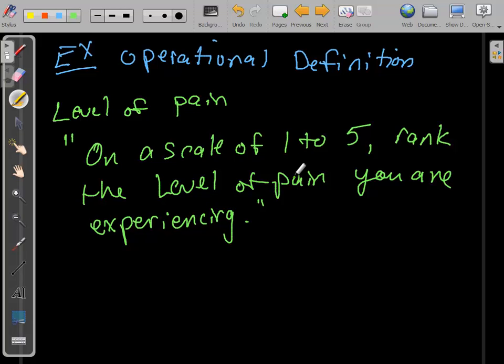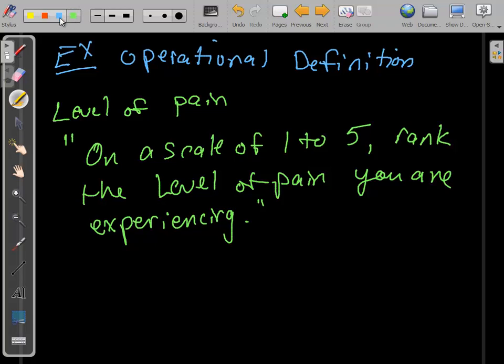So the measurement is a scale of 1 to 5. We'll talk about that measurement scale a little bit later on. But we also have to apply this idea that a 5 means the most pain you can experience and a 1 means that it's negligible pain or very low level of pain, and so that would probably need to be communicated as well. On a scale from 1 to 5, if 5 is the most pain you've ever experienced in your life, please rank your current pain level.